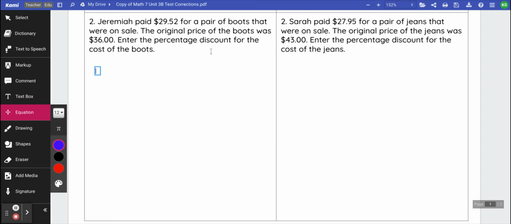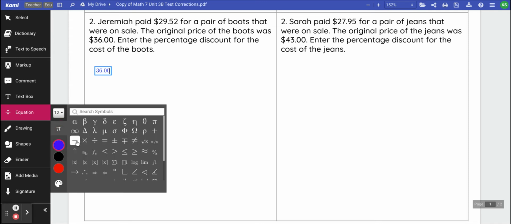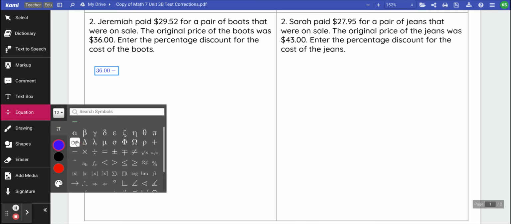I always like to find out what was the amount of money that he saved buying the boots. So I'm going to figure out what is 36.00 minus 29.52. Sorry, it makes me use the equation editor.